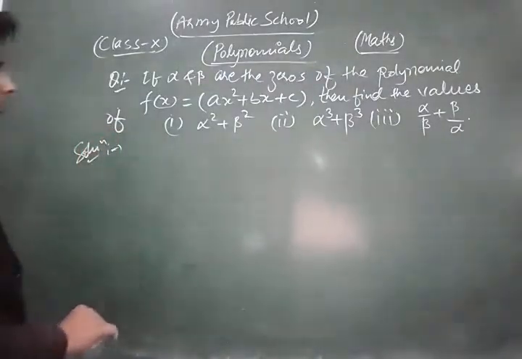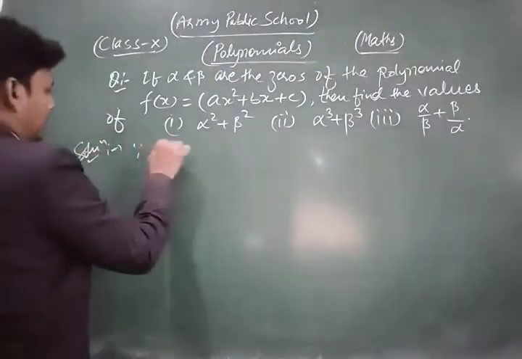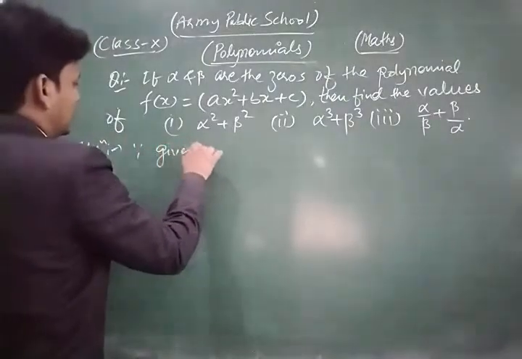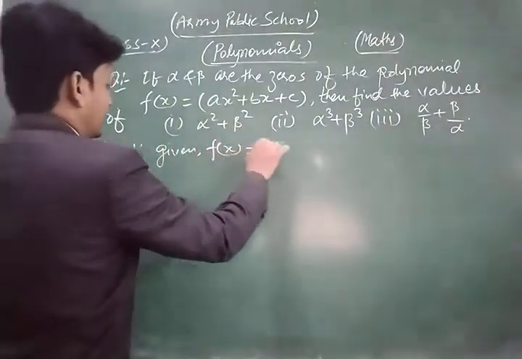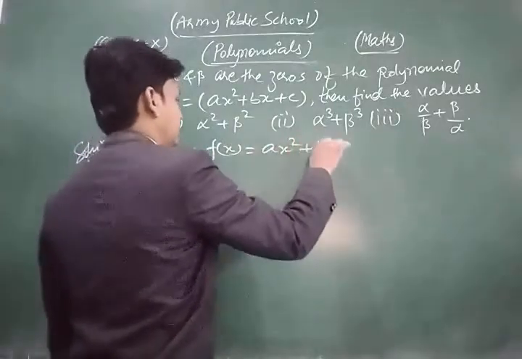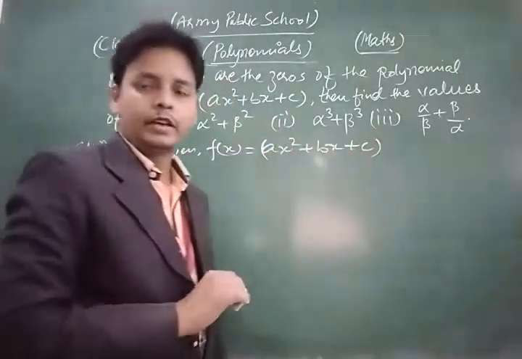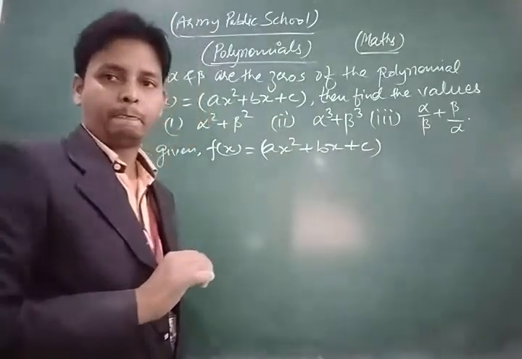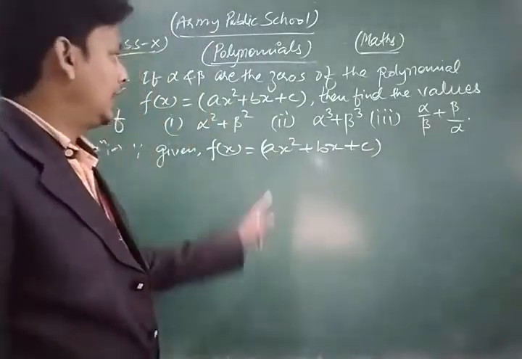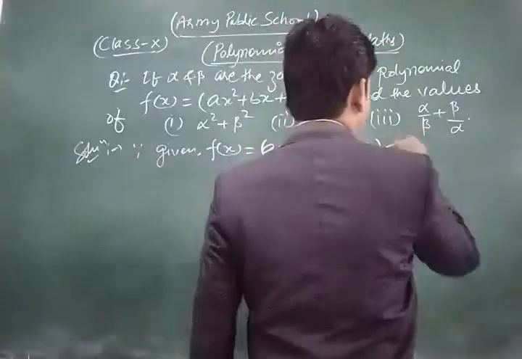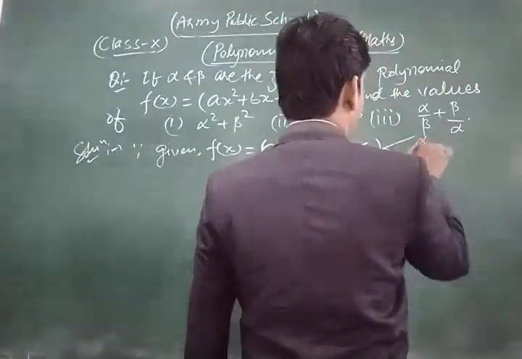So first of all, the given polynomial f(x) is equal to ax square plus bx plus c, and its zeros are alpha and beta.